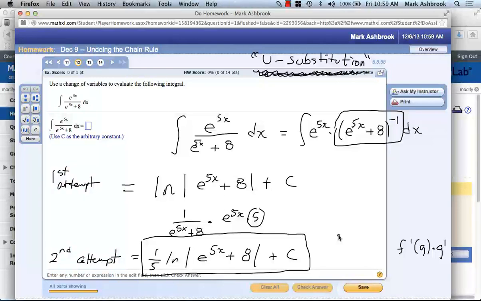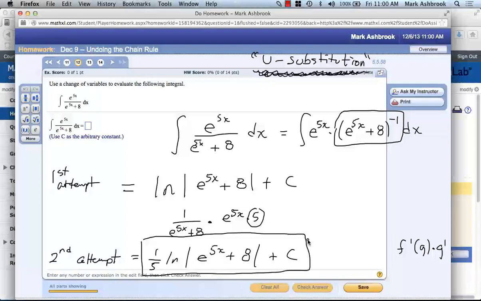Which is, in my opinion, better because it's really about understanding the chain rule. U substitution is very, very methodical, and it's a procedure that you memorize, and if you forget what to do, you can't do it, all right? But if you know the chain rule, then you can undo it, okay?